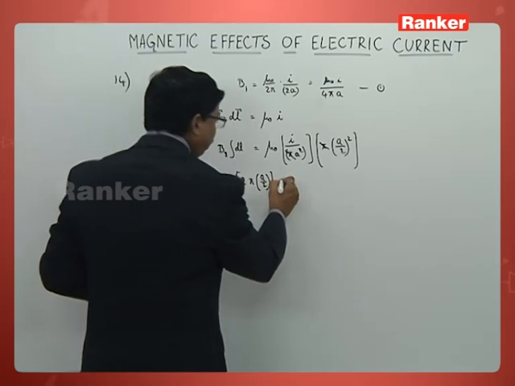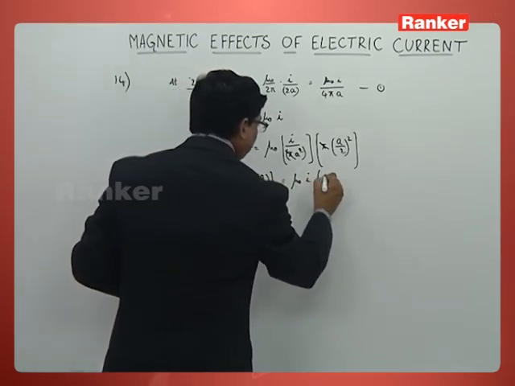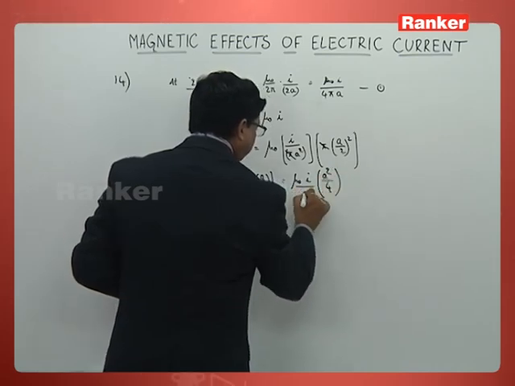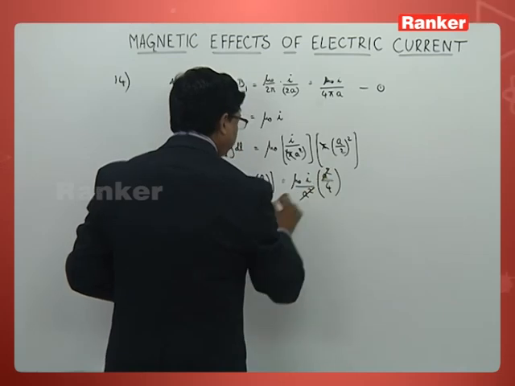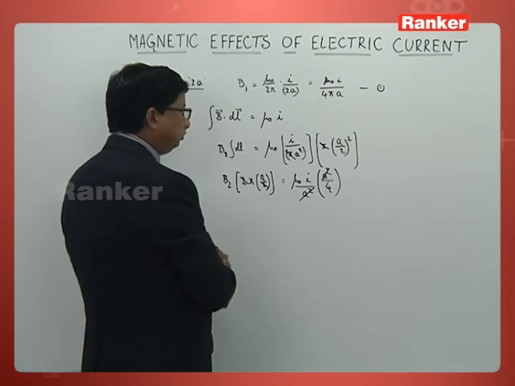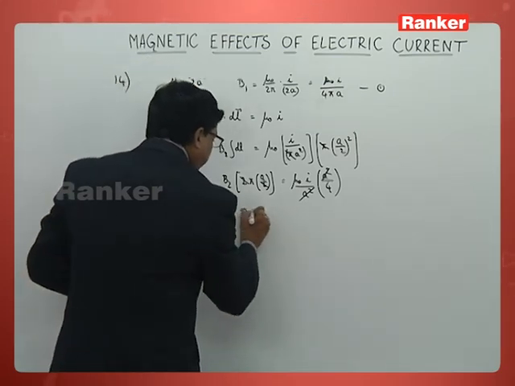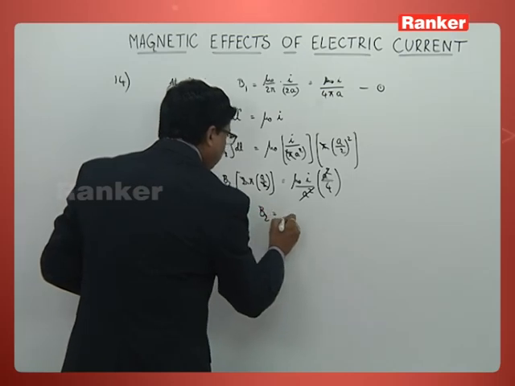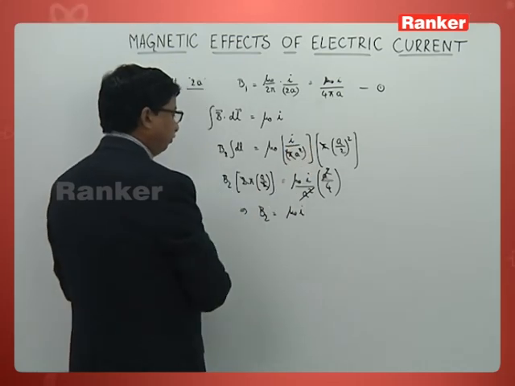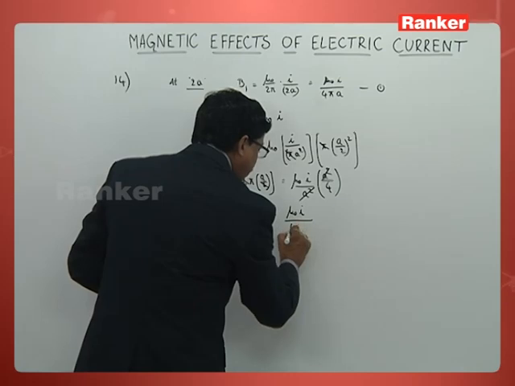This is now going to be mu naught into I into a square by 4, whole divided by a square. A square cancels, this 2 gets cancelled. What is left over? Check this. This implies B2 is equal to mu naught I in the numerator, 4 pi a in the denominator.